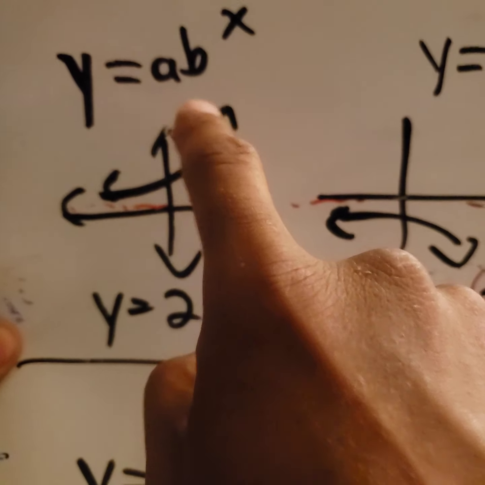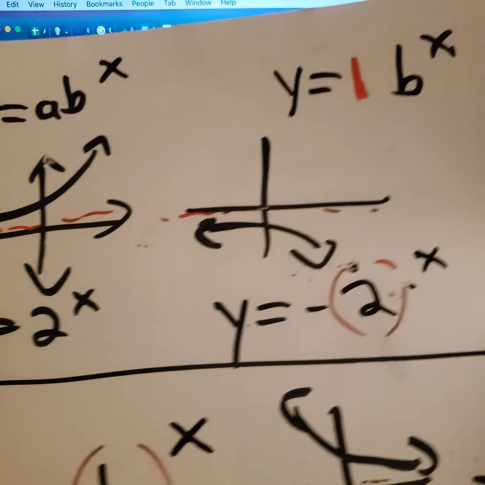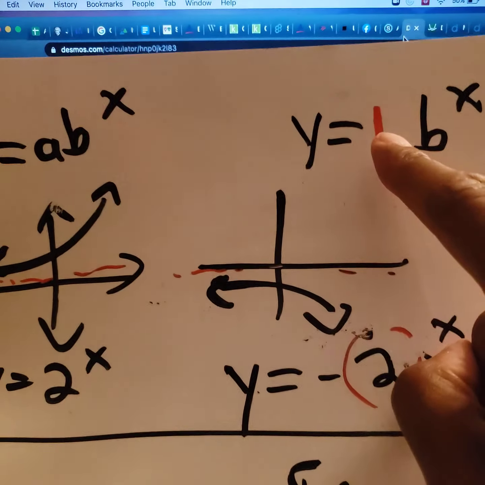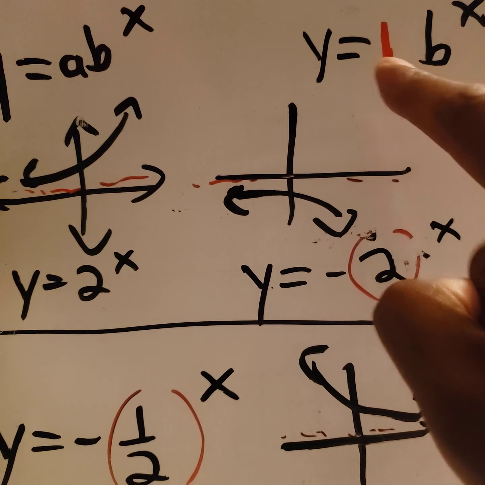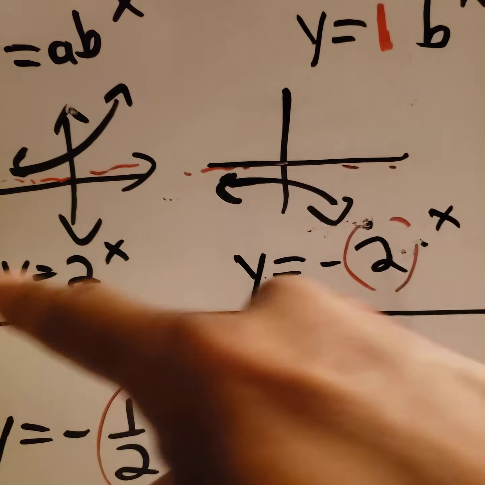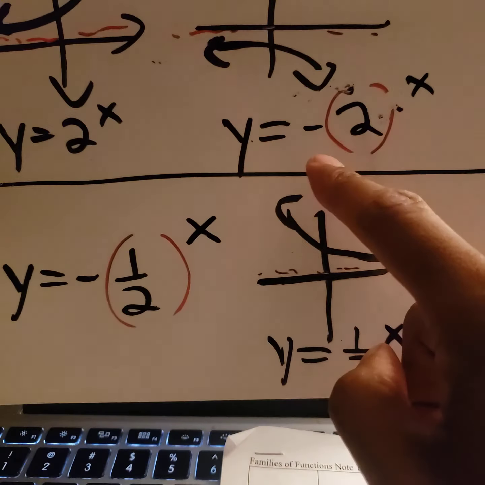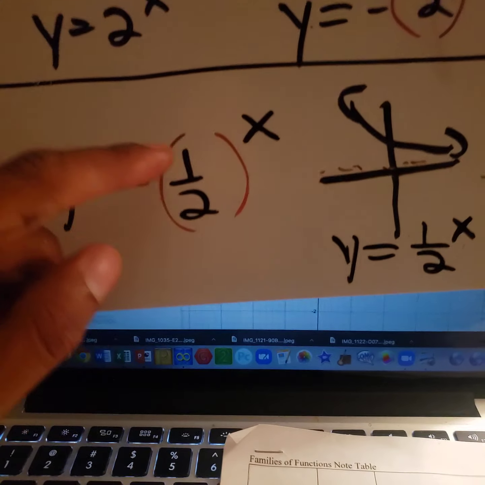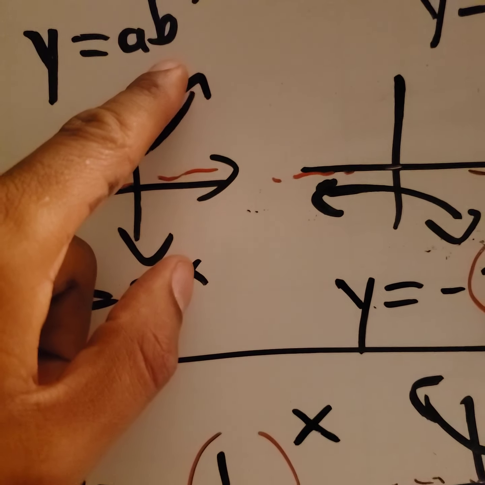So the a makes it a little bit trickier, and you still have the asymptote. Say for example I make this a negative. Well, if it's negative, it's going to flip this thing down like that. So what if your b, let's go back to your b, is a fraction?